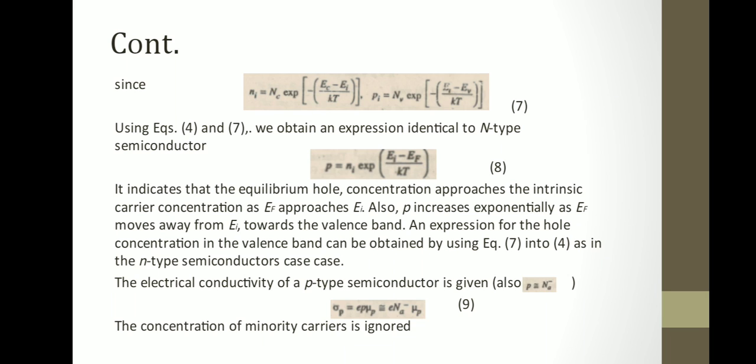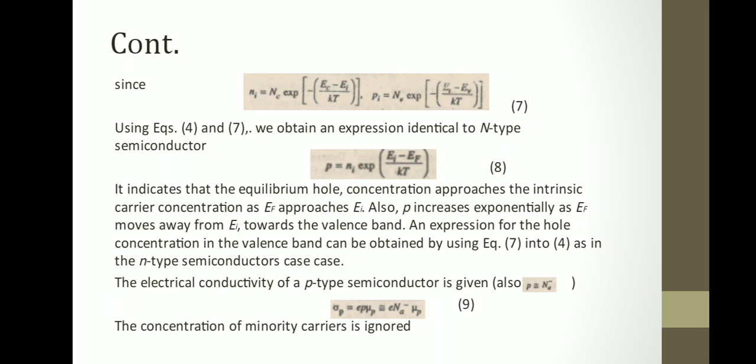Since Ni is equal to Nc exponent of minus (Ec minus Ei) by Kt and Pi is equal to Nv exponent of minus (Ei minus Ev) by Kt, using equations 4 and 7 we obtain the expression as for N-type semiconductors. For p-type semiconductors, P is equal to Ni exponent of minus (Ei minus Ef) by Kt.